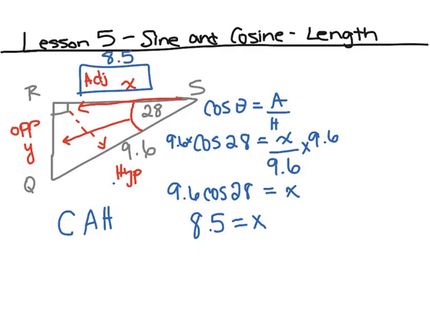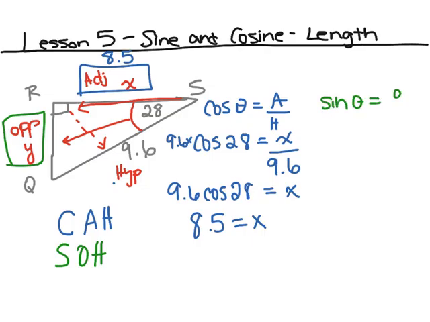Now we're going to do our opposite side. So we know our opposite and we know our hypotenuse, so we're going to use sine. Let me just erase this. So sine of theta is equal to opposite over hypotenuse. We know theta is 28. We know our opposite is y, and hypotenuse is 9.6.